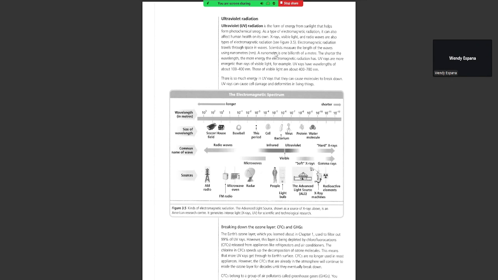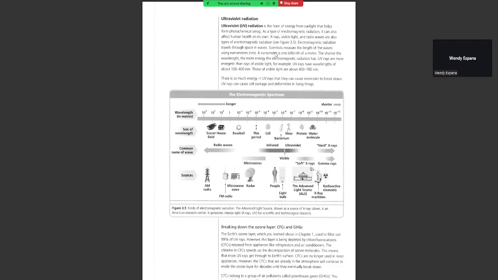Your skin can become infected from it. And then you could also get skin cancer. That's what we were talking about the other night, about areas where there is a hole in the ozone layer and UV rays are coming right through. It also can form smog. UV rays can help to form smog.